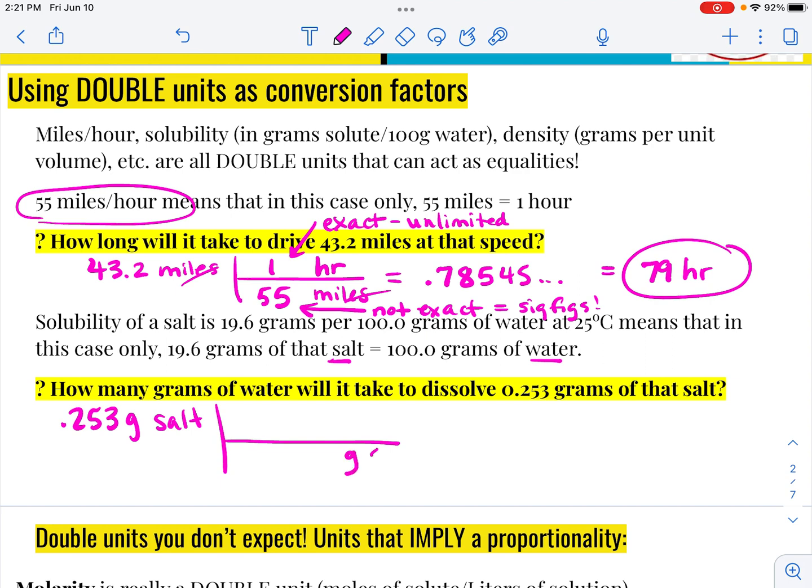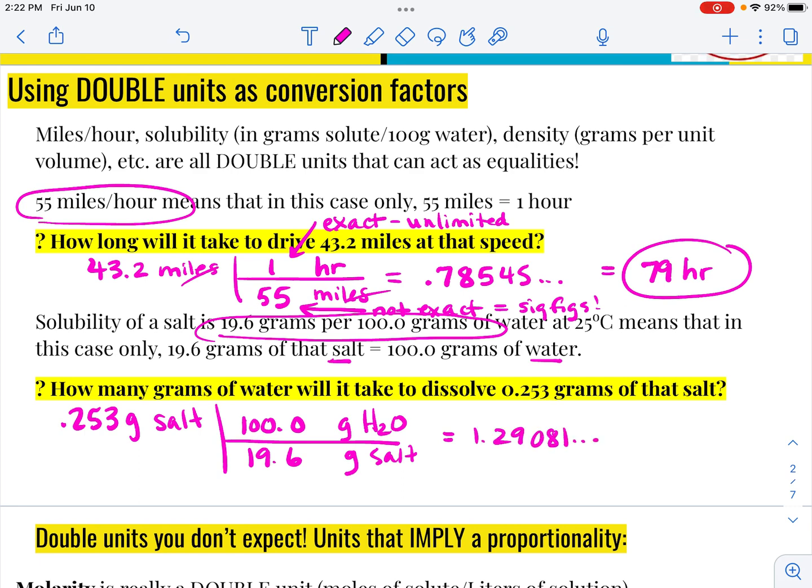I need to get rid of grams of salt, and I want grams of water, and my equality is the solubility, 19.6 grams of salt per 100 grams of water. So this would be 19.6 to go with the grams of salt, and 100.0 to go with the grams of water. I punch it into my calculator, and I see 1.29081 and a bunch of numbers, and I'm going to look at significant figures.